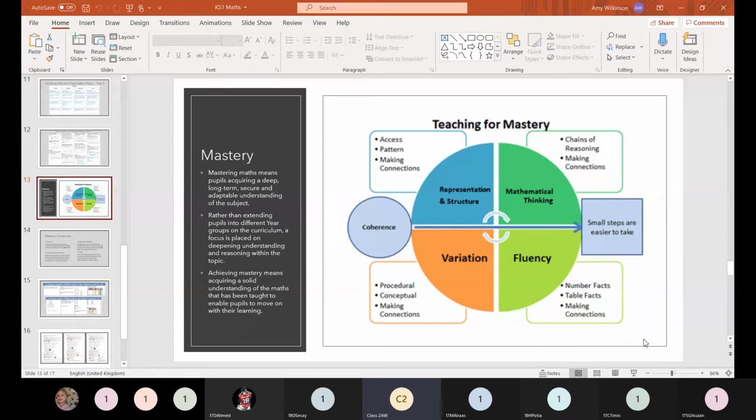And within this, you can see the things that fall there. So within representation and structure, it's about accessing the learning, patterns, and making connections. Now, making connections falls within all of these groups, and it's something that is really, really important when you master maths. I'm going to break that down a little bit further for you.